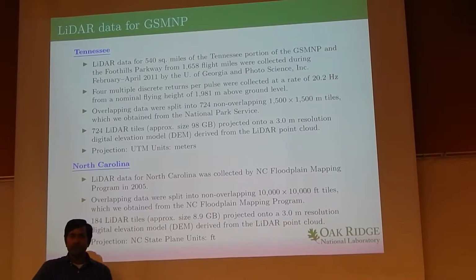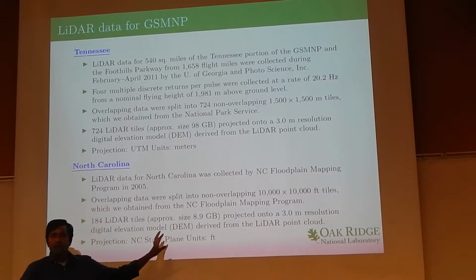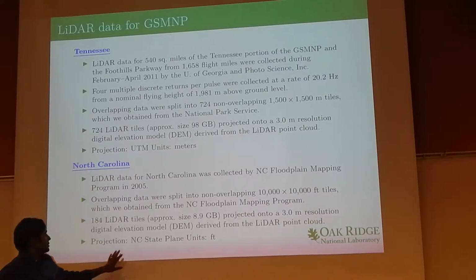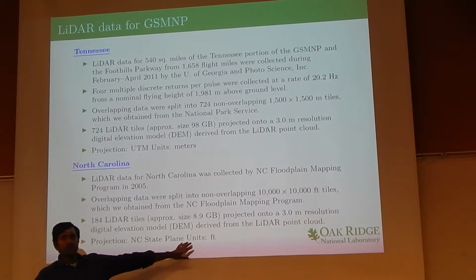Everything was in UTM with units of meters. For North Carolina, we go all the way back to 2005, when North Carolina did the first full statewide floodplain mapping under the NC Floodplain Mapping Program. That was lower quality data, a bit older with lower point density, and it was done in State Plane with units of feet.